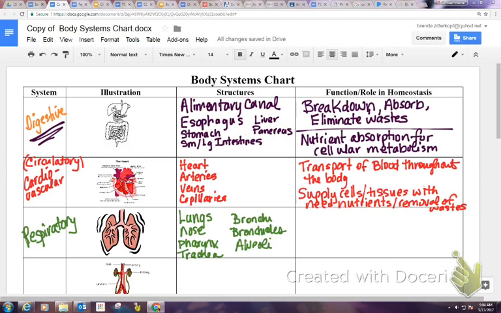Oh, let's not forget the epiglottis. That's kind of important too. That little handy flap of skin that comes down over the opening of the trachea so that you keep food from going down your windpipe into your lungs and choking you.